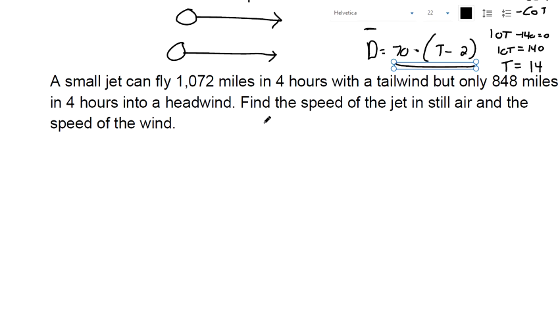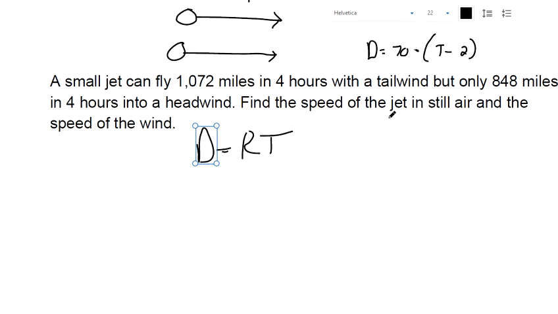We have distance, we have time, but we don't have two different rates. So there's a speed of the jet in still air out there. We'll call that r, lowercase r. That's the speed of the jet in still air.